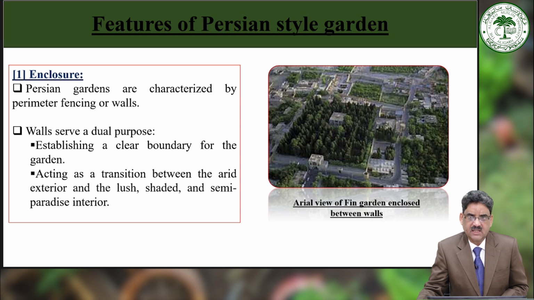As you can see in the image, where an aerial of Fin garden is shown, the function of these walls was not only to create a boundary but also to act as an interface between the dry, hot outer area and the green, shady and semi-paradise inner area.